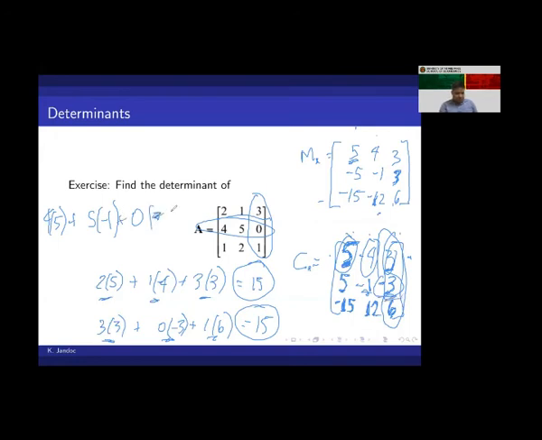Okay? So in this case, we have 4 times 5 is 20 minus 5, okay, is 15. So it's the same. So I'm pretty confident that we got this correct. Okay, so did you get the same answer? Okay, so this is the way to compute the determinant of a 3 by 3 matrix.